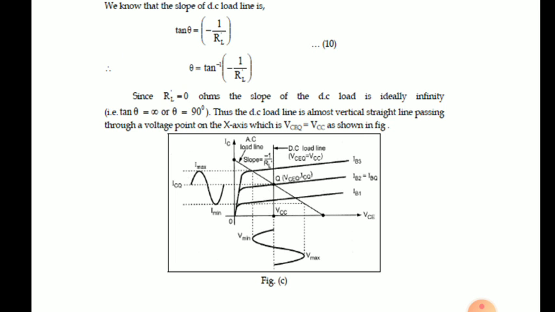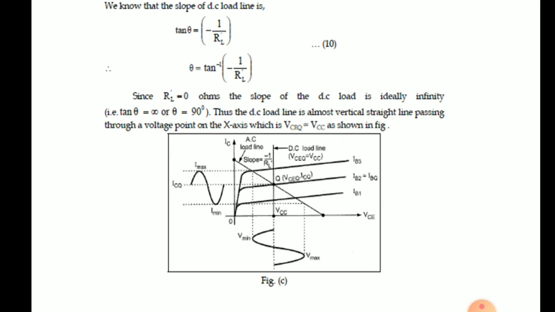Since RL dash is equal to 0 ohms, the slope of the DC load line is ideally infinity, that is, tan theta is equal to infinity, or theta is equal to 90 degrees.